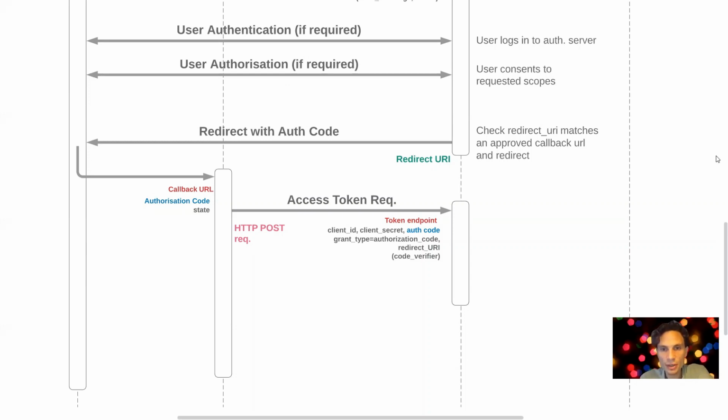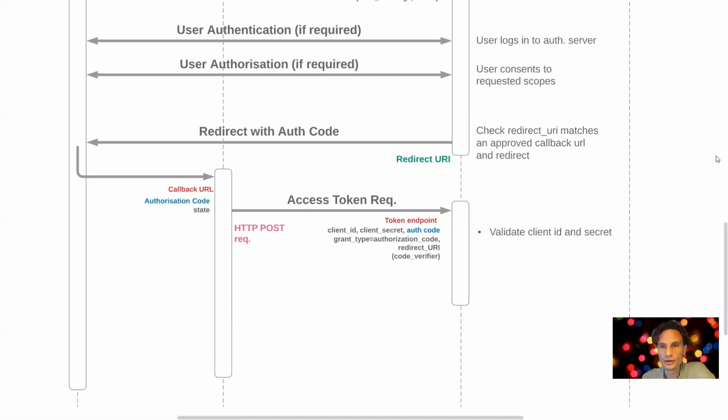The authorization code is included here, and the grant type is set to authorization code. The redirect URI parameter is also included on the token request, and this needs to be set to the same redirect URI that was used for the original authorization code request. If the proof key for code exchange was used, this is also where the code verifier is included.